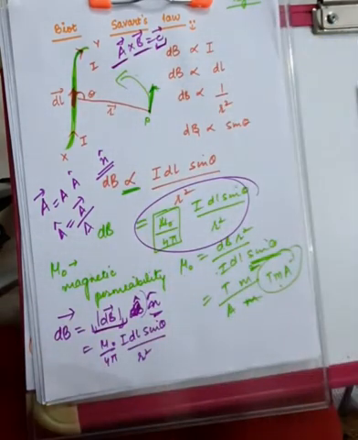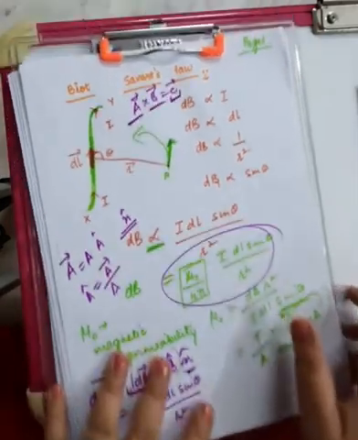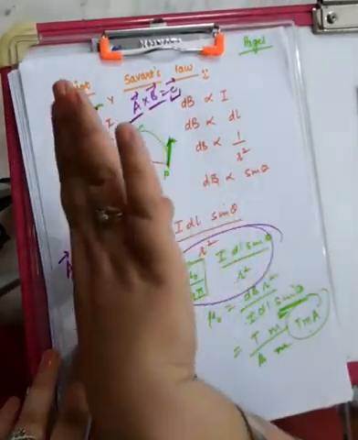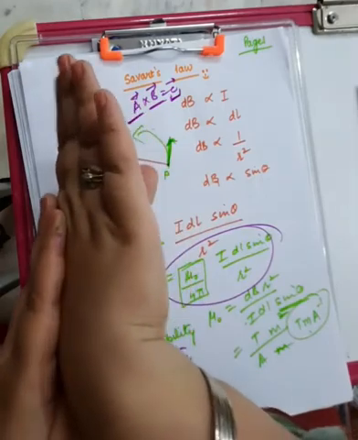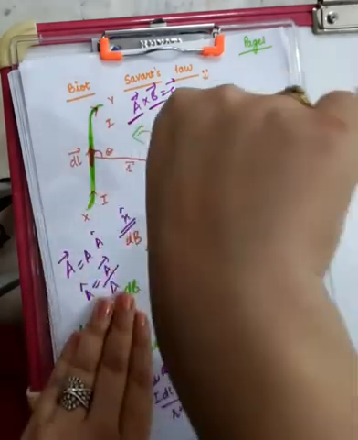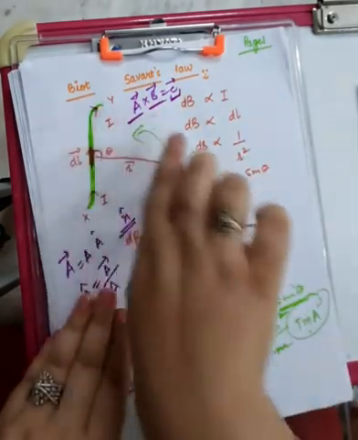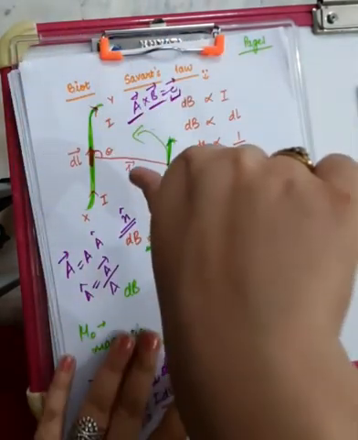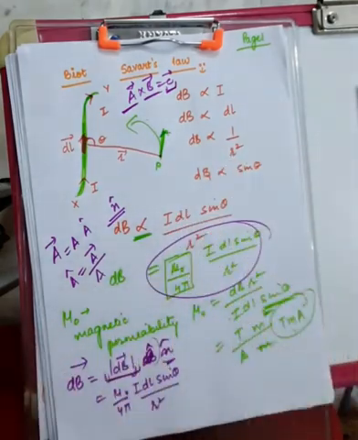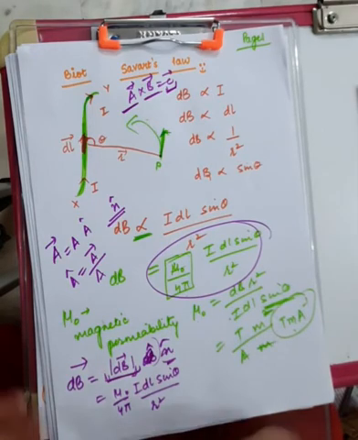Similarly, if you consider dl cross r, you have to curl your fingers from dl to r, and you see that the thumb is pointing inwards. dl cross r, you have to curl the fingers from the direction of dl to the direction of r. So that is also going inwards. So n cap and dl vector cross r vector both have the same direction. Don't you think so? Yes, they have the same direction, and that's why n cap can be replaced by dl vector cross r vector.